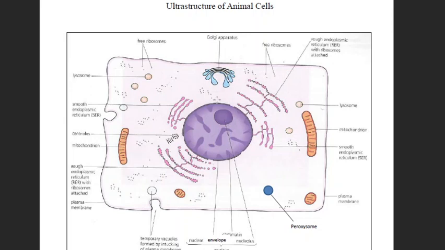The membrane present on the outer side is called the nuclear outer membrane. The membrane present on the interior side is called the nuclear inner membrane, and the space between these two is the perinuclear space.